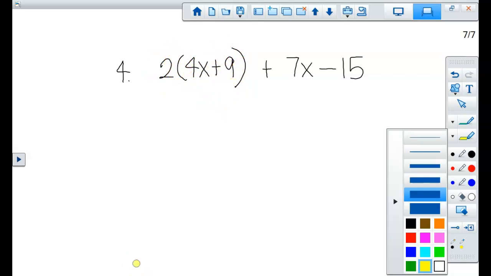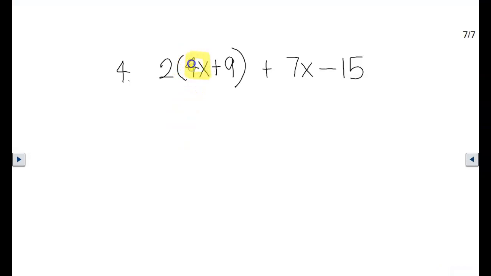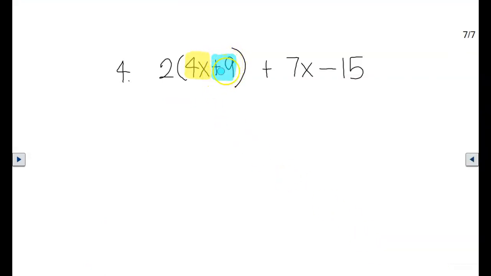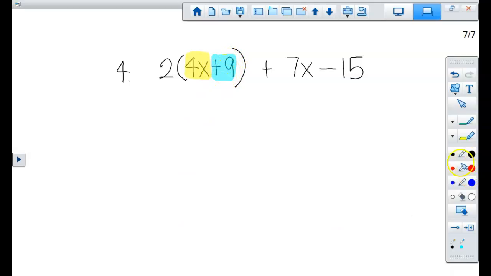So you will always know that you have to distribute if you see parentheses in your problem. So what are the members of the group? Well, the first member of the group is 4x. The second member of the group, I'm going to let this plus sign stay with him, so I know he is a positive 9. So 2 is going to get multiplied by both of those members.